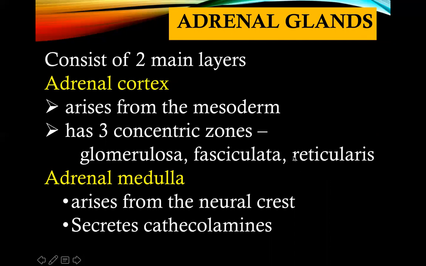What is so unique with the adrenal medulla is that it arises from the neural crest and they secrete catecholamines. As mentioned a while ago in the earlier part of the lecture, the adrenal medulla is controlled directly by the nervous system, right? From the nervous system, they directly affect the adrenal medulla to secrete catecholamines. And these catecholamines are actually epinephrine and norepinephrine.